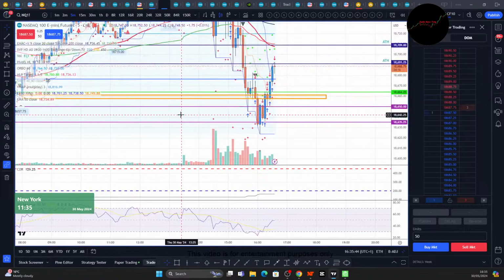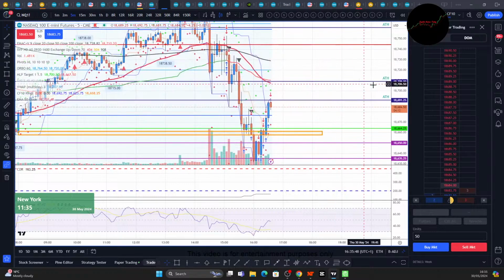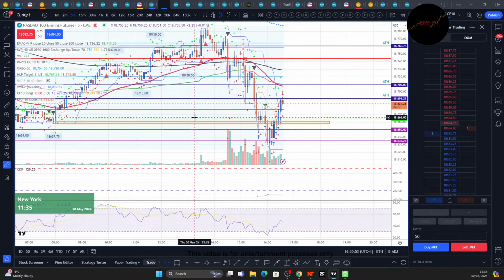Okay, so we've just picked that up to 91.25. Let's see what we can do here. So we're about 1 hour 39 into this trading session.